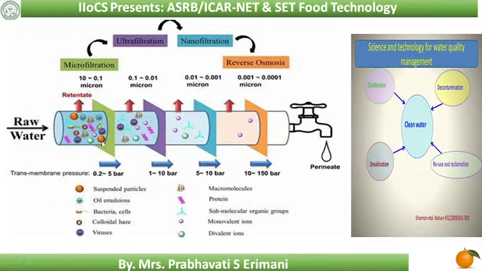So by means of microfiltration, what will be retained, the picture will tell: only suspended particles will be retained and some will come inside. Then again by means of ultrafiltration, some will be retained. Finally, through ultrafiltration, nanofiltration, and finally reverse osmosis, we will get clear, clean water, that is the permeate.